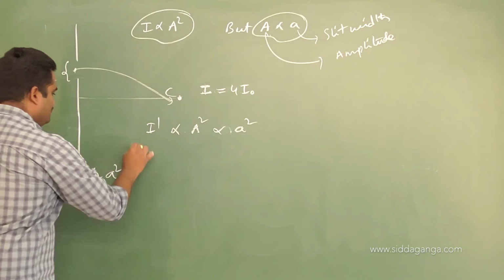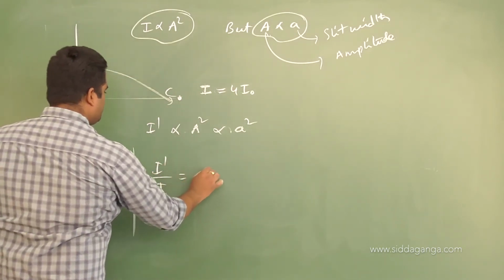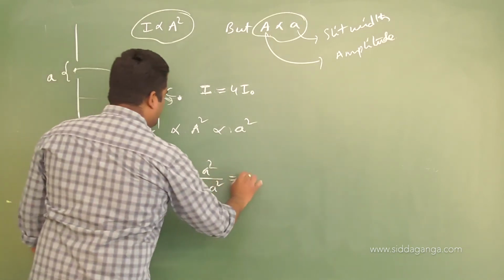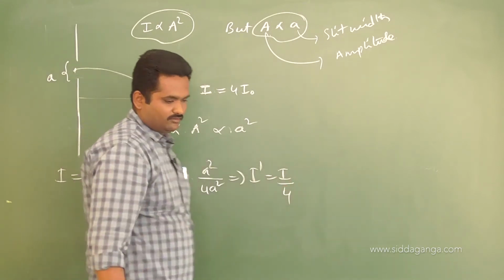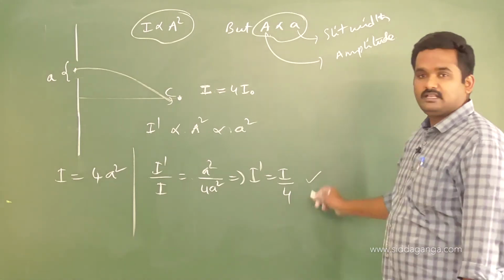So I dash divided by I will be equal to A square divided by 4A square, or I dash will be equal to I by 4. I dash will be I by 4, you are going to get there. This is the answer. Simple.